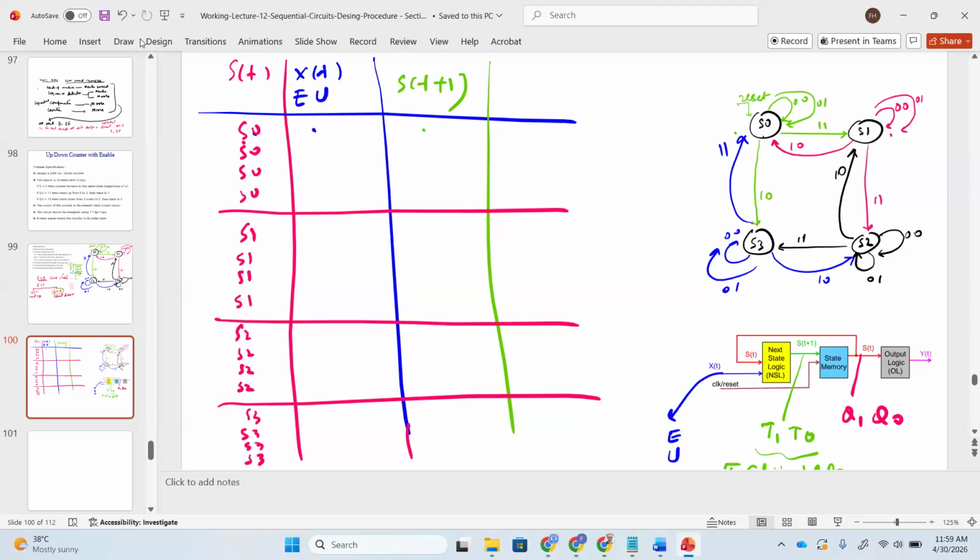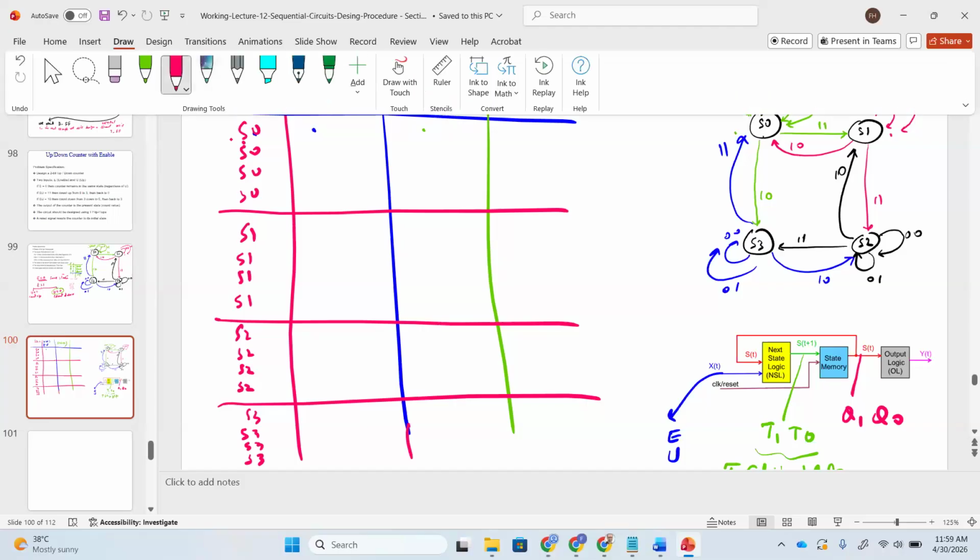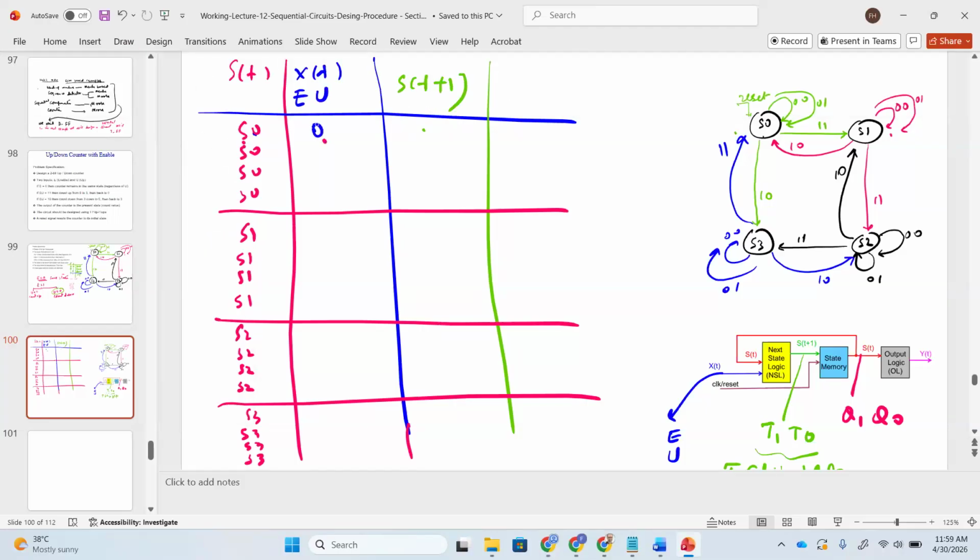Now for the inputs, these are the 4 states: 00, 01, 10, 11, repeated for each state.